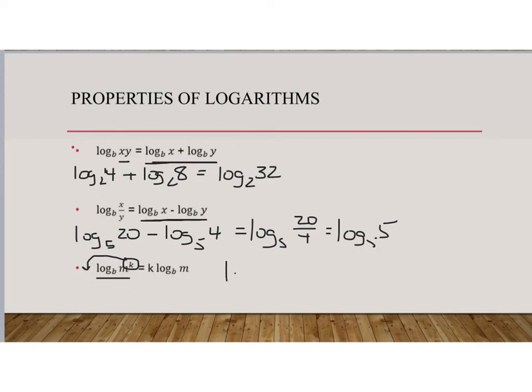So an example of this is if I've got log, let's say, base 3 of 2 to the 5th power. I can move this power out in front here. It'd mean the same as 5 times log base 3 of 2. Those are the three main properties of logs.